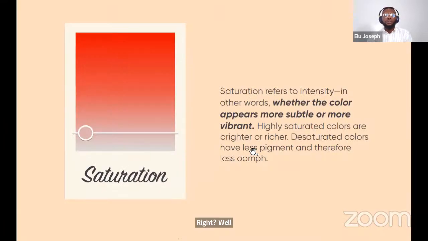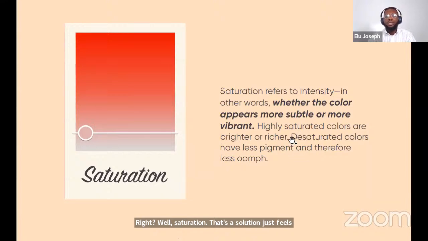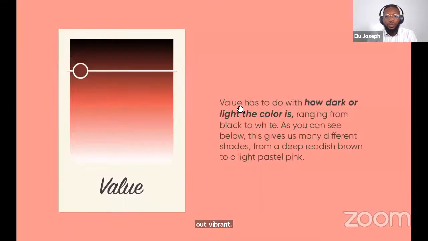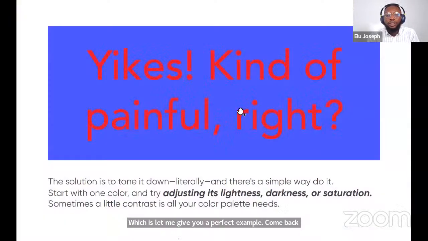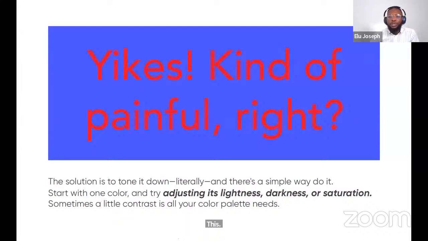For saturation, saturation just tells how vibrant it is. Let me give you a perfect example. Come back to this. This design that is painful to the eyes is using a highly saturated color for the background. The blue is highly saturated.